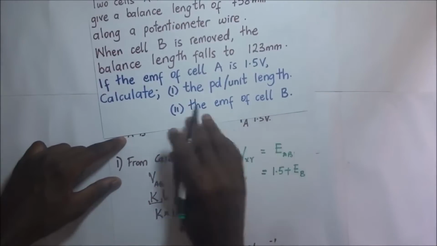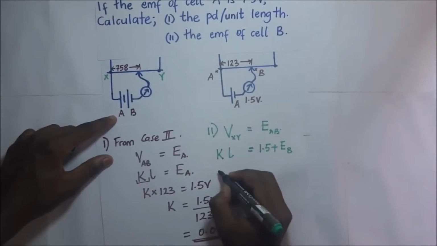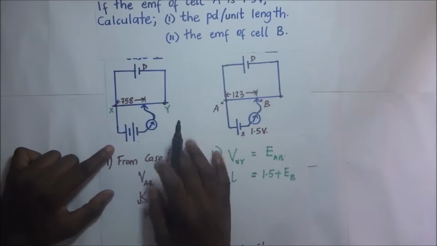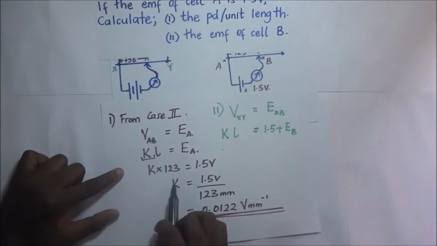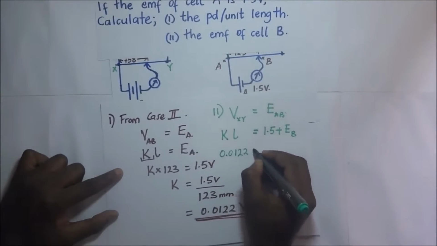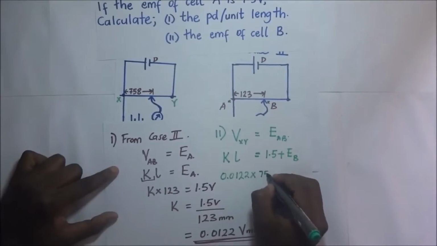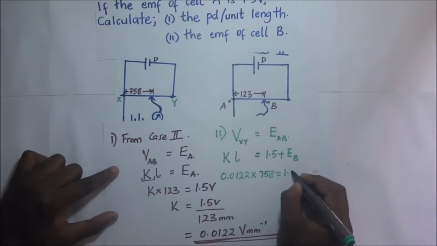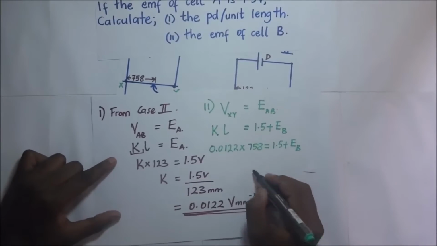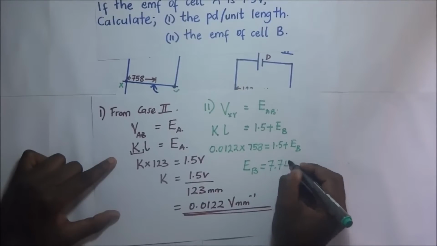Because we are dealing with the same slide wire, the PD per unit length is the same. So it's going to be 0.0122 multiplied by the balance length, which is 758 millimeters, equal to 1.5 plus the EMF of cell B. When we make EB the subject of the formula, we end up with 7.74 volts.